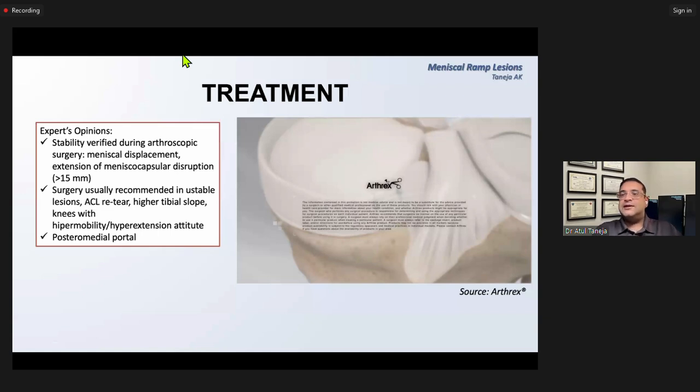So this is right in the half of the way there. Surgery is usually recommended if unstable, if there is an ACL re-tear, higher tibial slope, meaning higher angulation of the posterior margin of the medial tibial plateau, if there is hypermobility or a hyperextension attitude of the knee, and they prefer to use an additional posteromedial portal.